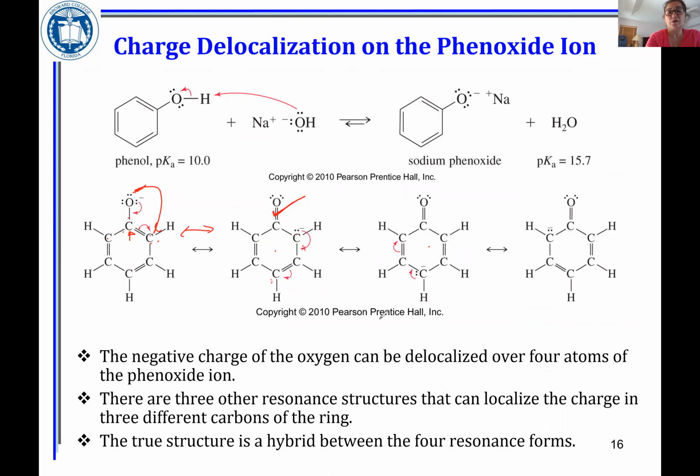When the next move is going to take it back to the original molecule, you stop. The molecule cannot take credit for having 100 resonances, so you only have 4 resonances in this case. And because it's a stronger acid, the hydrogen can be removed by sodium hydroxide, and you get the phenoxide as the product.